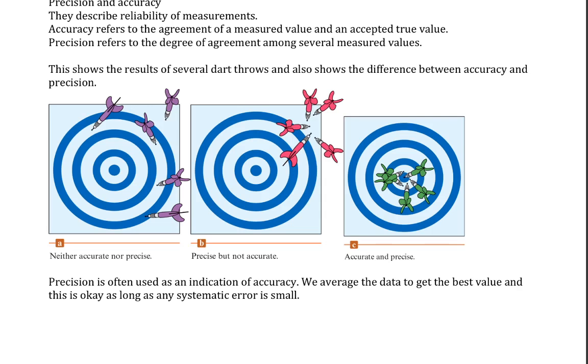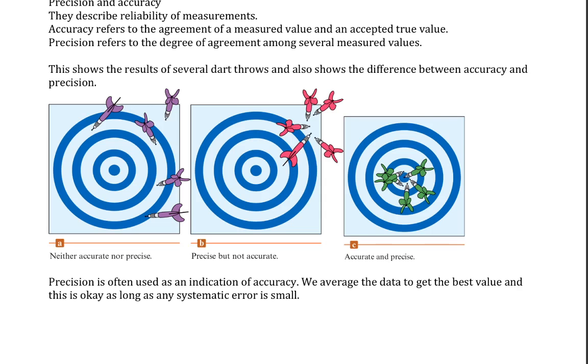Here's an example that shows the results of several dart throws and also shows the difference between accuracy and precision. The purple ones are pretty much far from hitting right spot on. They also are quite spread out. So we would say they're not accurate and the precision is low.